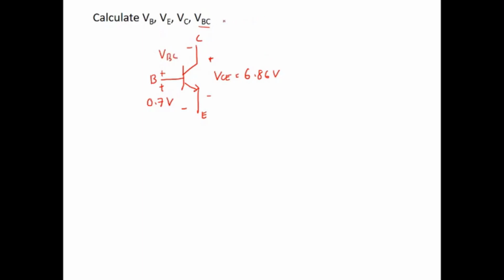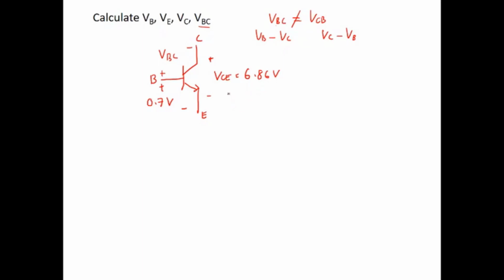You need to take note that VBC and VCB are not the same, because VBC is VB minus VC, while VCB is VC minus VB. So these two parameters should have a similar magnitude, but the polarity is different.